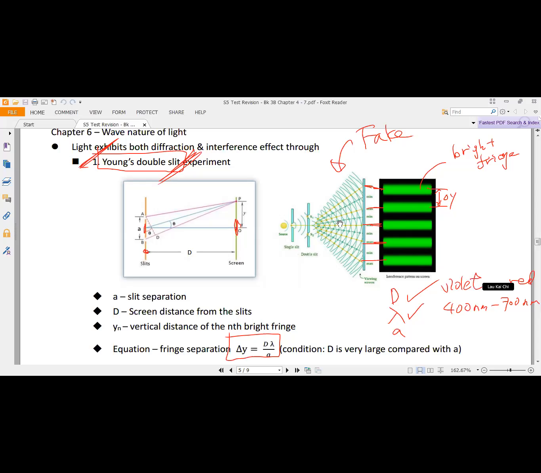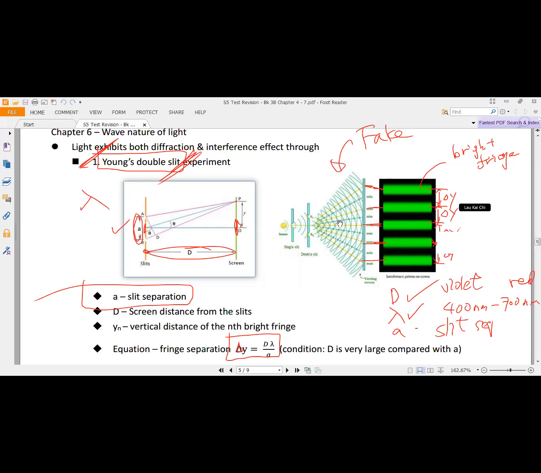And the last one is a, called the slit separation. See? This is slit separation. So from these three pieces of information, you can find this delta y. This is delta y, delta y, delta y. All these are evenly distributed.